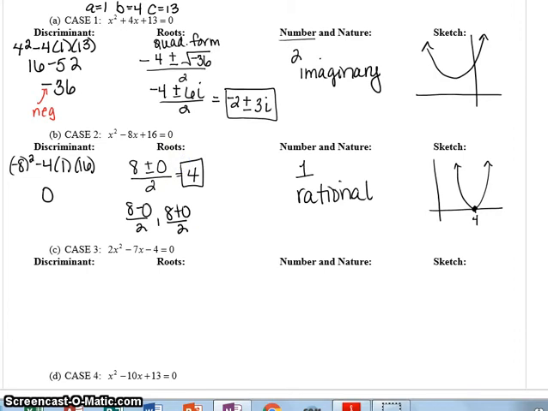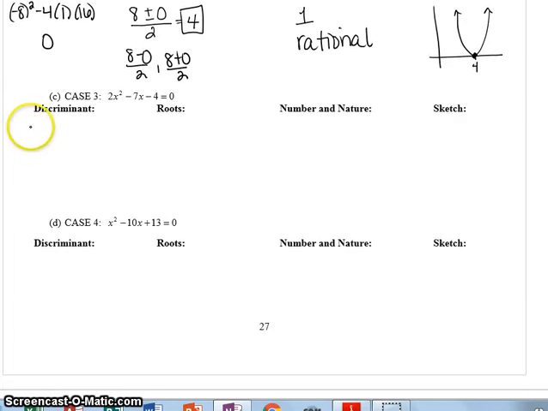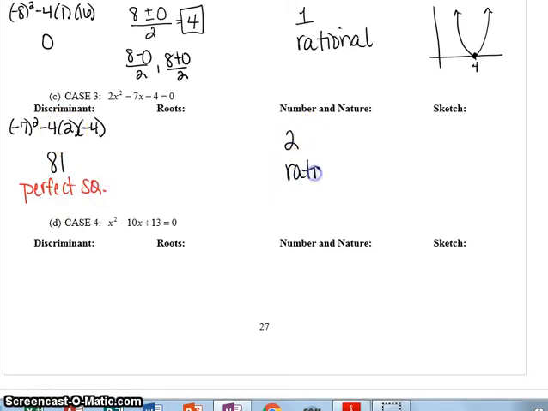Okay? Case 3. Discriminant. Your b squared is negative 7 squared minus 4 times your a times your c, and you get that the discriminant is 81. Okay? Notice that that is a perfect square. Anytime it's a perfect square, you have 2 rational roots.